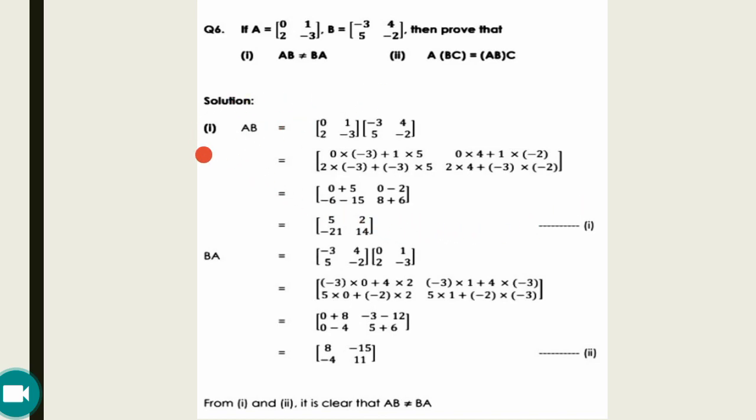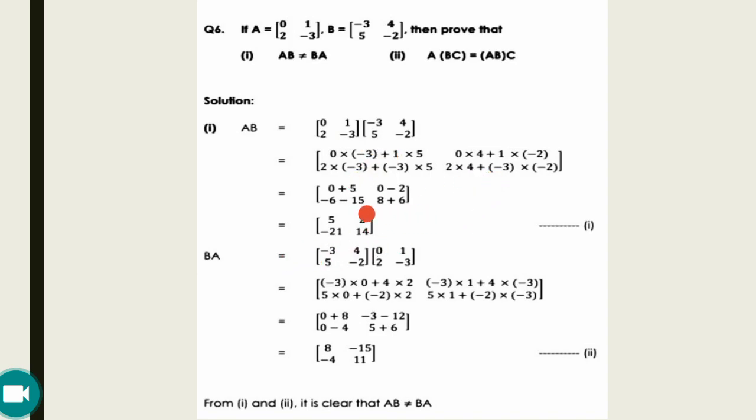First of all, putting the values of a and b. Multiply these two matrices, because AB means that matrix a will be multiplied by matrix b. It is simple multiplication, we have done this many times. Simple steps: multiply this entry with this, the second entry with this, and so on.